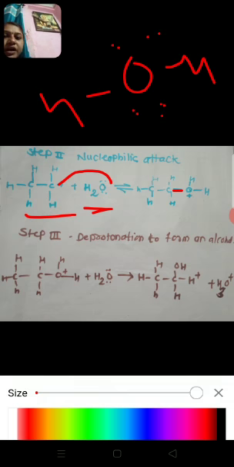Out of the one lone pair, the bond is formed. We know that for the formation of one bond, two electrons are needed. One lone pair forms one bond, and the positive charge remains as it is.